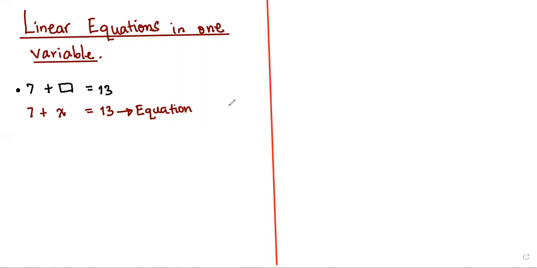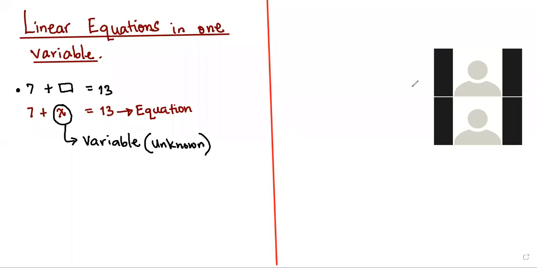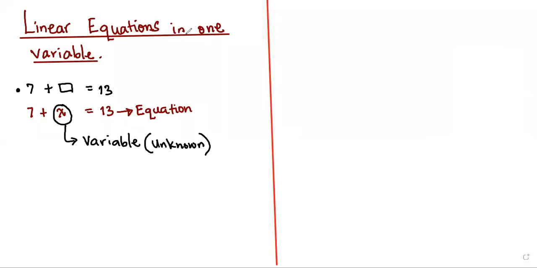Something else that is important for us to know is that this x is called a variable. A variable here, you may also call it unknown. Unknown means that you don't know, that you are looking at a number that you do not know.